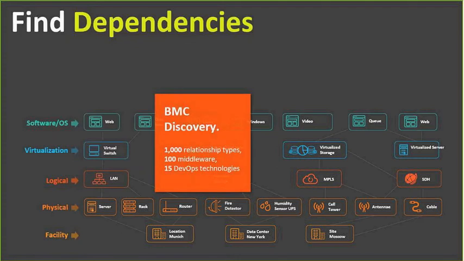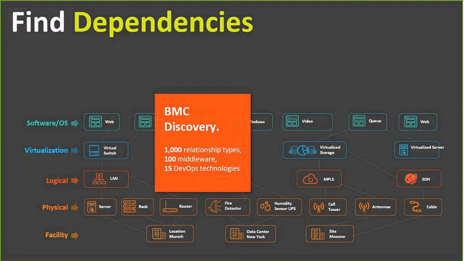So ultimately, you're going to get that entire stack, right? You're going to get the software, anything that's virtualized, the network devices, the physical devices, and we have the ability within the tool to also import your locations so we can associate devices by different physical locations as you go through there.